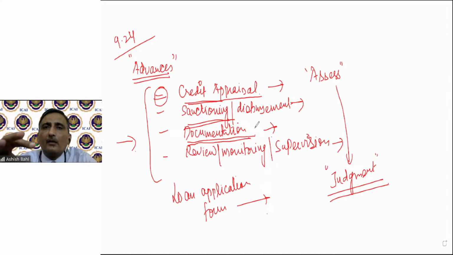But disbursement is done only after documentation is complete. You have to understand these basic things. And once the money is released to the borrower, then the account has to be continuously reviewed, monitored, and supervised, whether it is operating satisfactorily, whether the borrower is complying with all the terms and conditions.